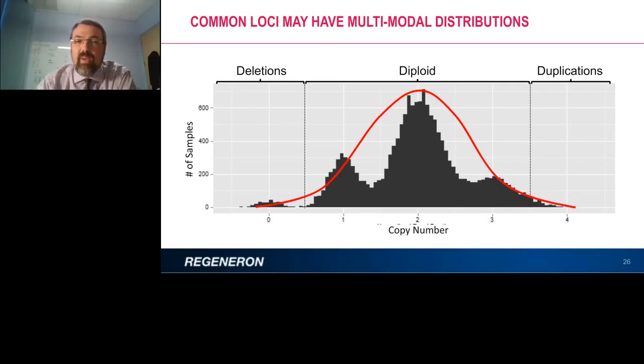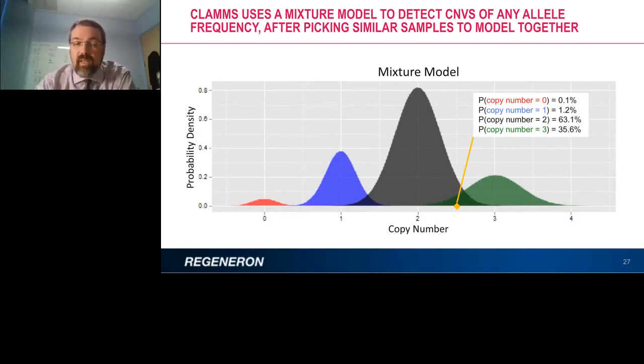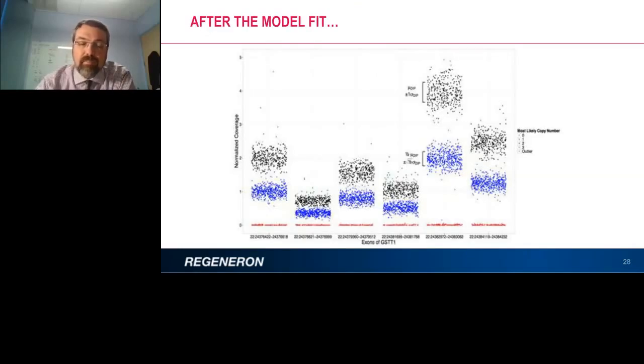But because we now can normalize our samples and stratify into these nice tight distributions, we can instead fit a mixture model, where we can really get at, okay, for these particular samples in this cluster, they are very likely to be copy number 2, or very likely to be copy number 3.